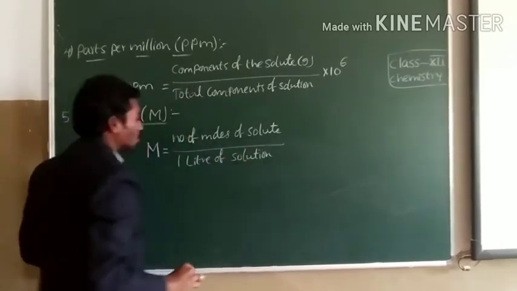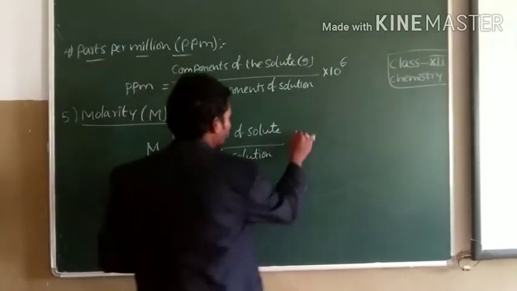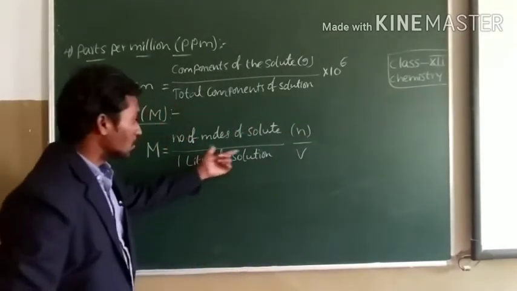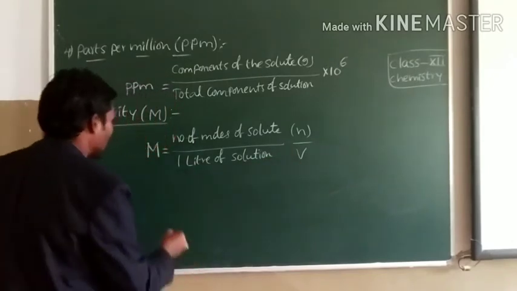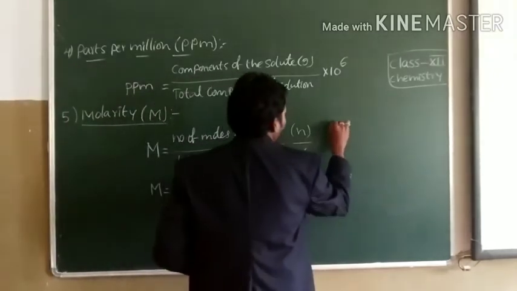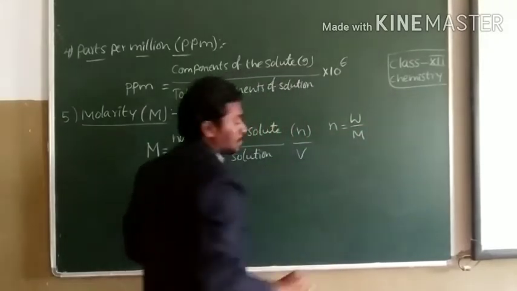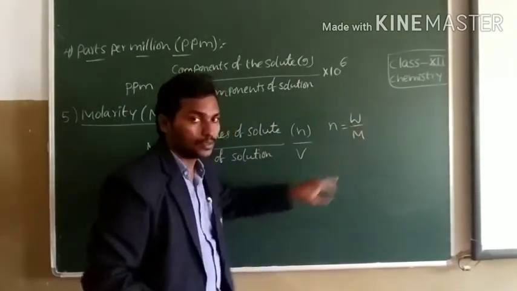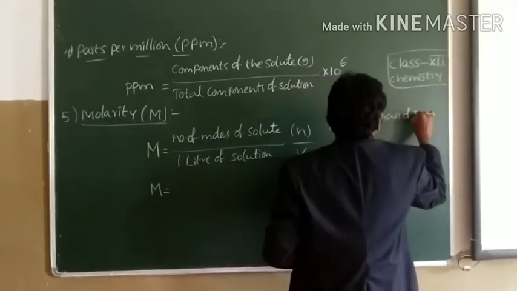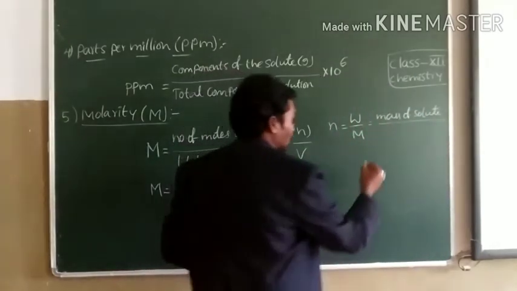The number of moles of solute is denoted by small n, and the volume of the solution is denoted by V. So molarity M is equal to the number of moles, where the number of moles n is equal to the mass of the substance divided by the molar mass of the substance. W indicates the mass of solute, and capital M indicates the molar mass of solute.